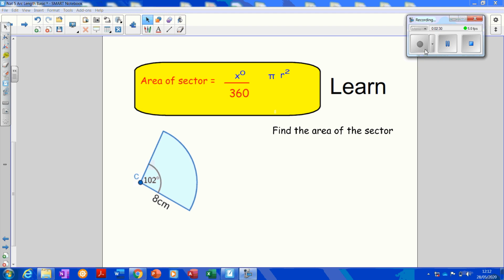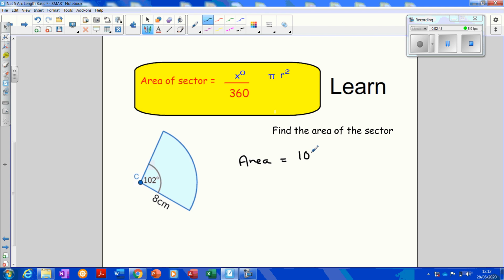Okay, another wee example. I've written the formula there. Keep that handy so you can see it. And we want to find the area of this sector. So we know area is equal to x divided by 360, so the angle is 102 degrees, so it's 102 out of 360, that's the fraction of the full circle you've got. Multiply that by the area of the circle, which is pi r squared, which is 3.14, multiplied by the radius is 8, so it's multiplied by 8 squared, which is 64.